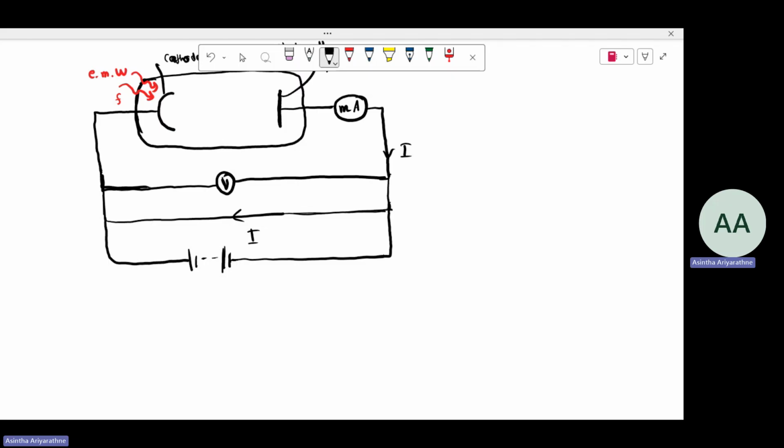So in that case, what happens? Electrons are emitted. Now this is the positive charge and this is the negative charge, so the emitted electrons are attracted towards the cathode again due to the positive charge.